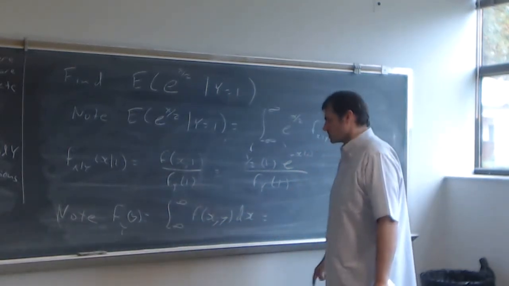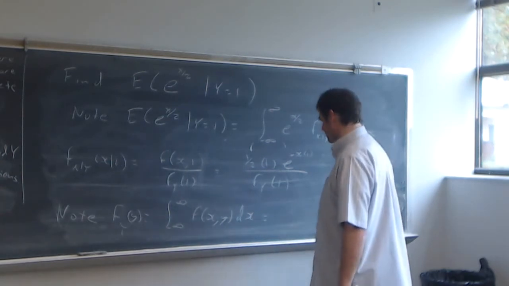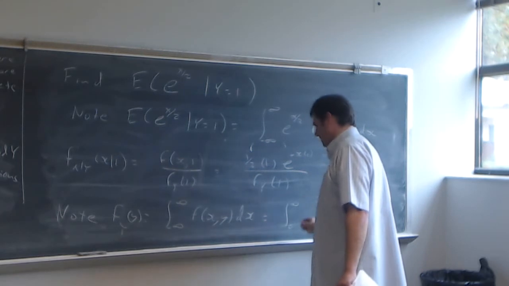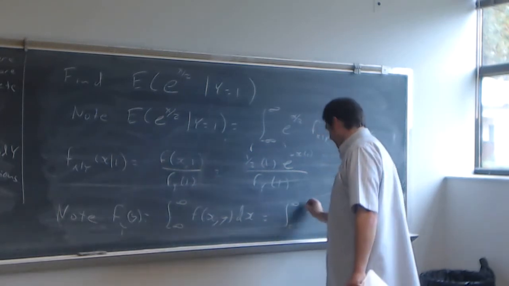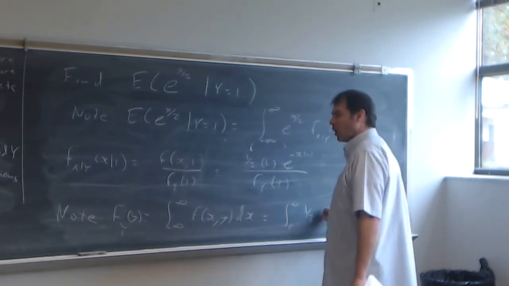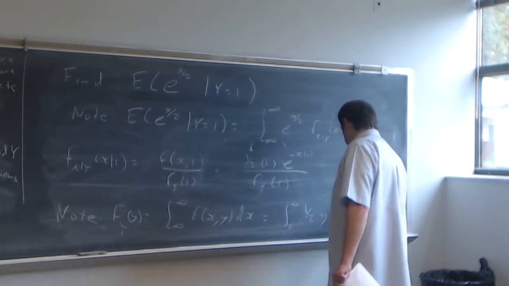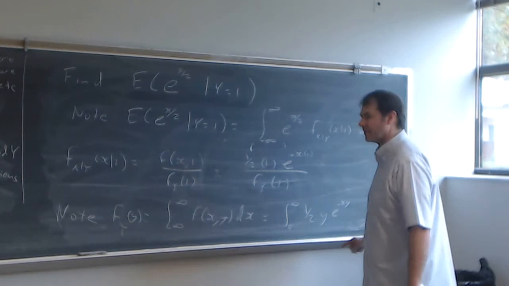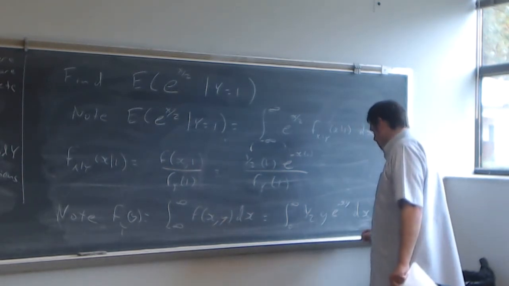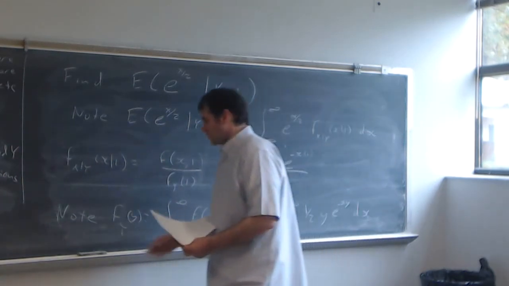So for a fixed y, y has to be between 0 and 2. What do the x values run from? Well, they run from 0 to infinity. And so what am I integrating? I'm integrating 1/2 y e to the minus x y, with respect to x. So we need to do that integral.